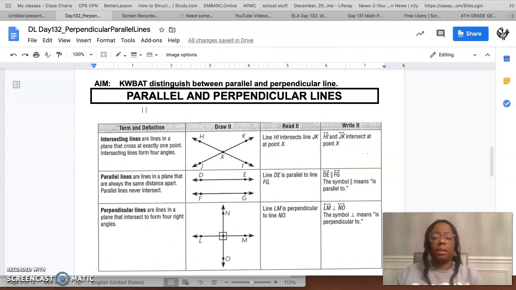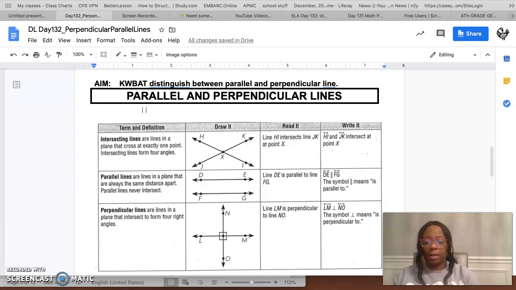Hey, welcome back. I learned a lot of new things by looking at this chart. I learned that intersecting lines are lines in a plane that cross at exactly one point. I also found out that parallel lines are lines in a plane that are always the same distance apart. They never intersect. That means they never touch.